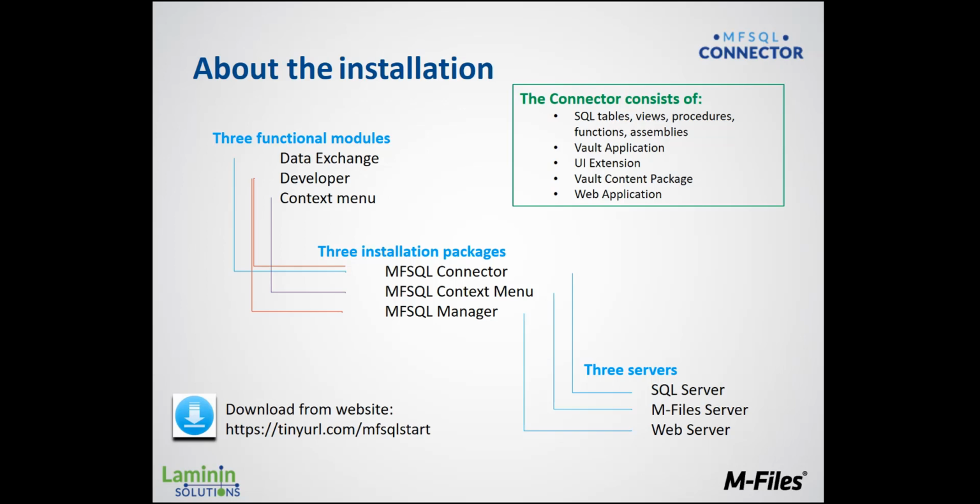So it's targeting 3 servers: SQL Server, M-Files Server, and Web Server. Now, your environment may combine some of those into 1 or maybe 2 boxes, but you would then install those packages onto the server that it is meant for. So that is basically how the whole installation is put together.